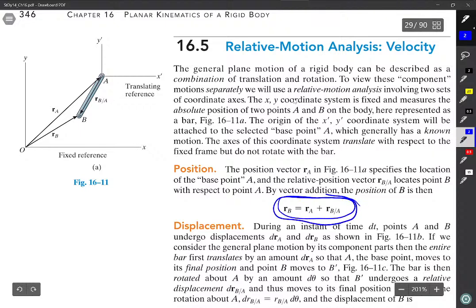So here's the relative position equation, and imagine you had this rod and A and B have a fixed distance between them. In other words, A does not move away from B or move towards B because it's on the same link.